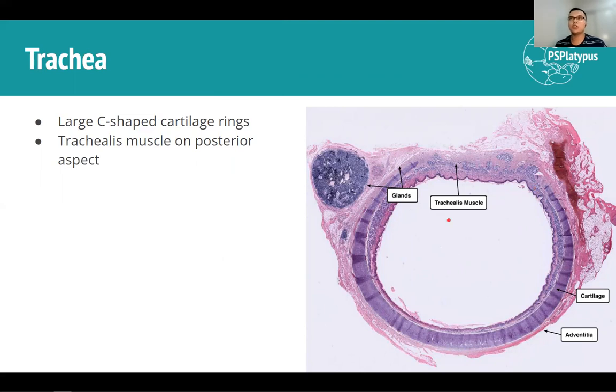You can also view on histology the trachealis muscle on the posterior aspect. In terms of the cell types, although it's kind of hard to make out, there's ciliated pseudostratified columnar epithelium, ciliated because it's going to form part of the mucociliary escalator that's going to sweep mucus up and get rid of it through coughing it up and spewing it out.